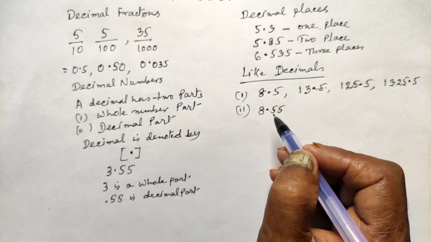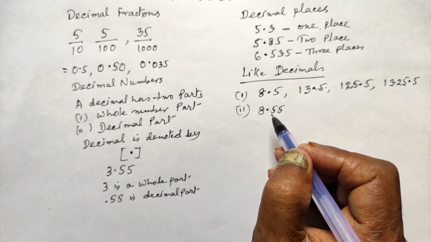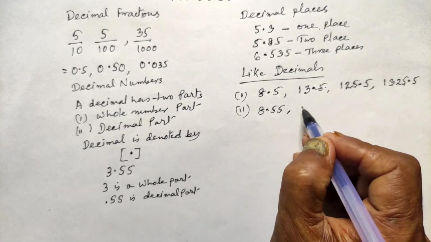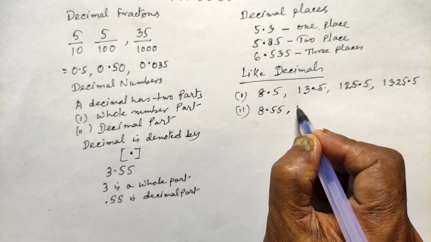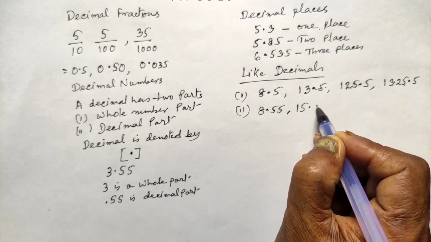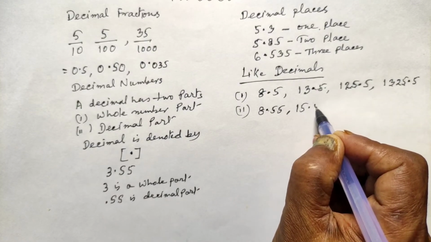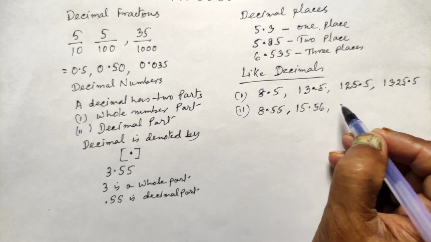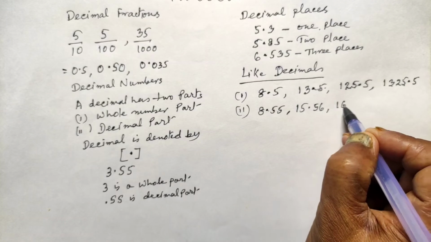That means here you are having 2 decimal places. So, here you can write 15.56, 2 places.